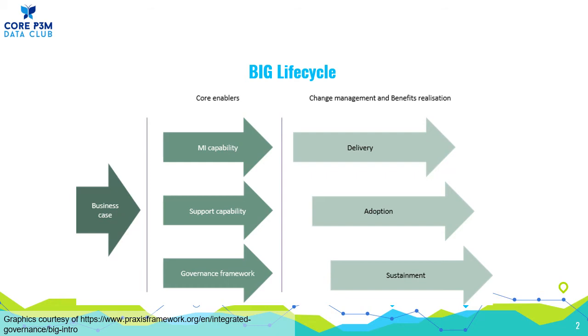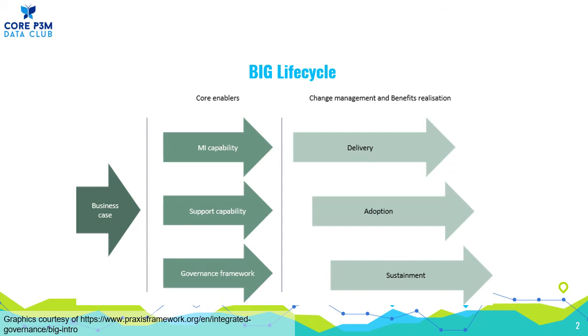Support them in adoption so that we can increase their awareness, we can build desire with them, we can give them ability, we can give them knowledge of what's going to happen, we can reinforce that with assistance, and we then look to sustain it. We look to improve, to learn lessons, and perhaps justify the case to do a second round of enablers and a second round of adoption as it's justified.